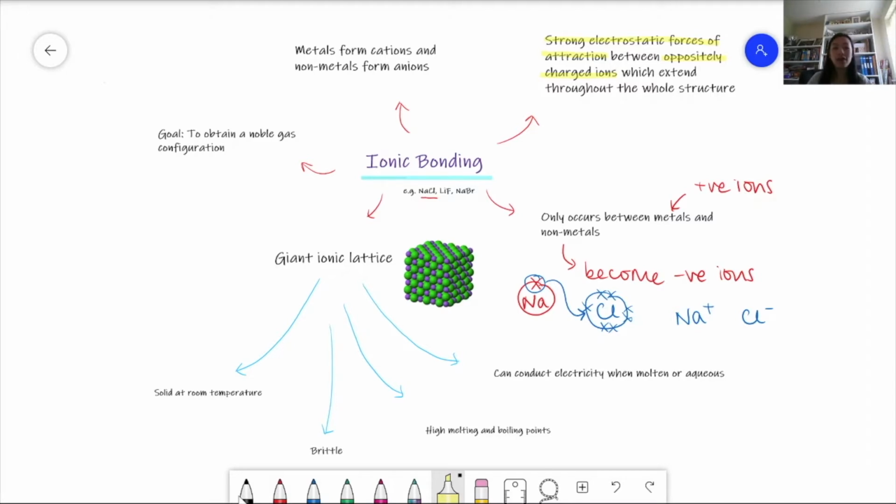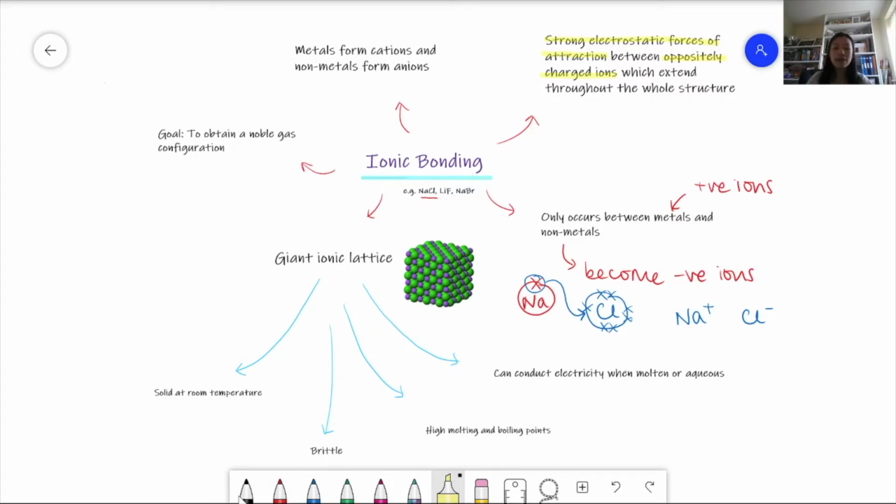And because ions are present, we can conduct electricity, and we can also conduct electricity when it's aqueous, meaning dissolved in water, because then all the ions are free to move, so you can conduct electricity.